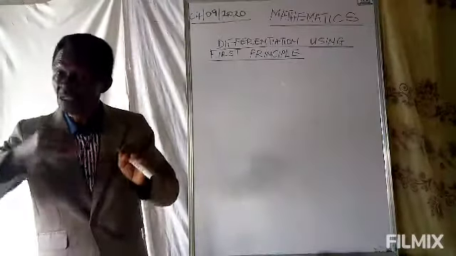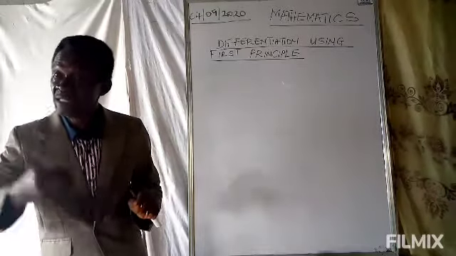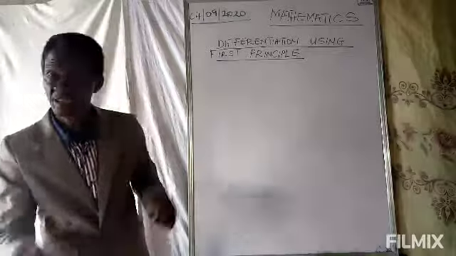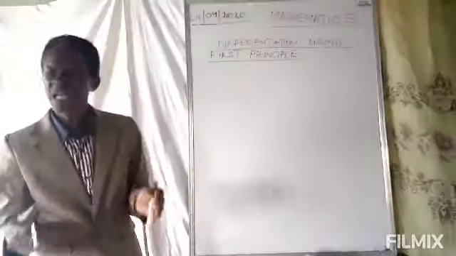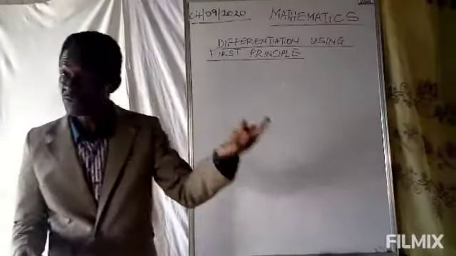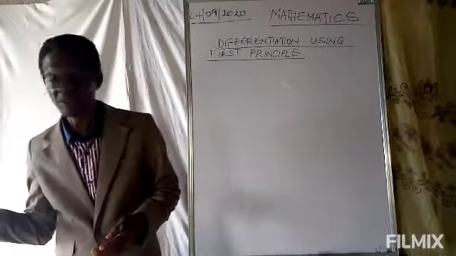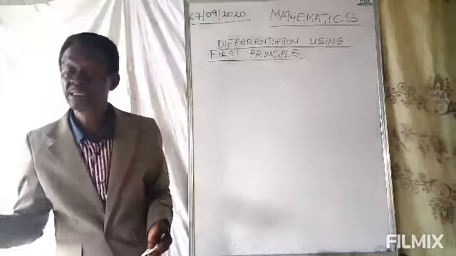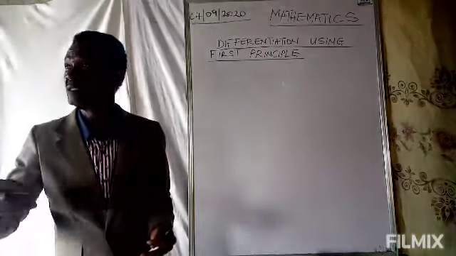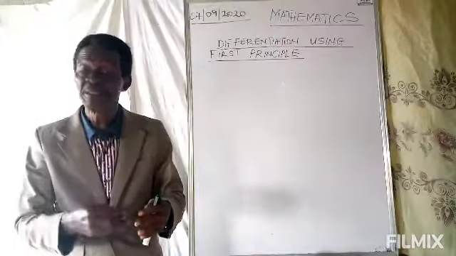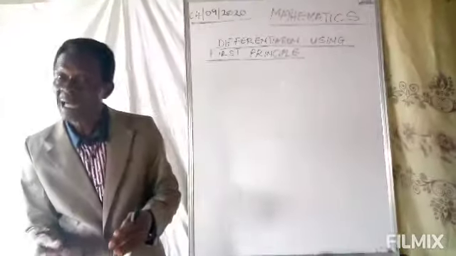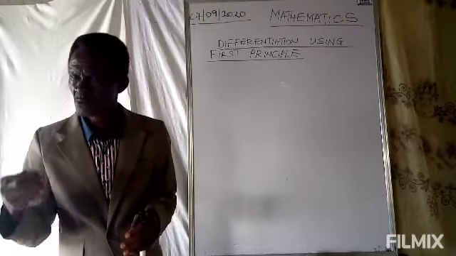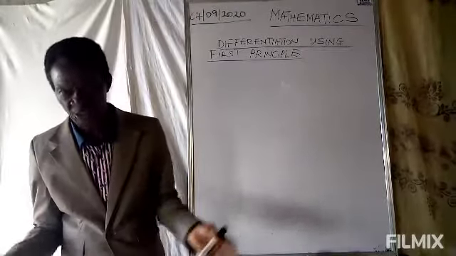So differentiation can also be used in other fields of study, even like in economics, to determine the rate of demand and supply. All this can be done with help of differentiation.